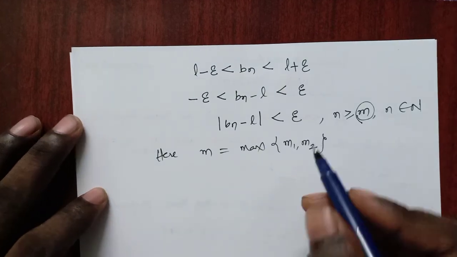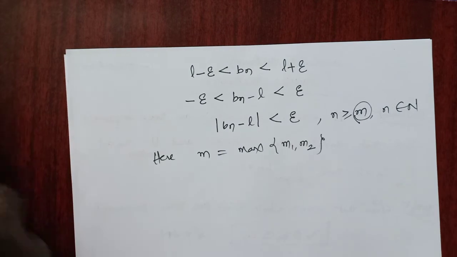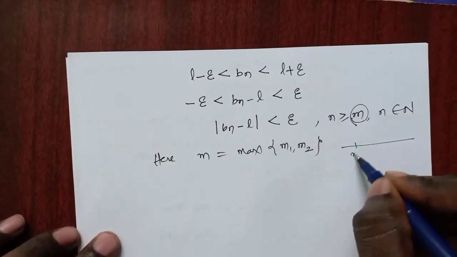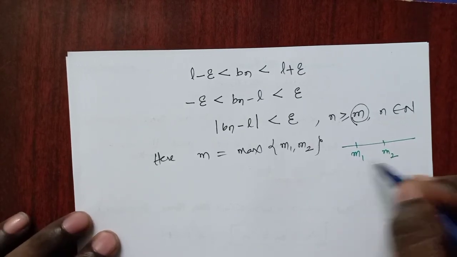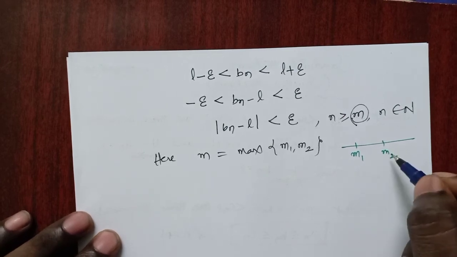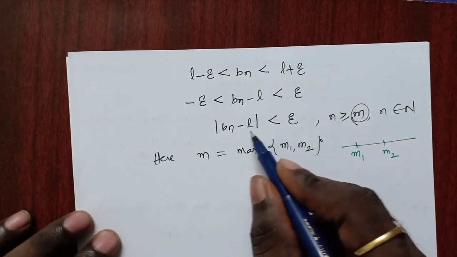Why are we taking the maximum of m1 and m2? Clearly, whether it is m1 or m2, we take the greatest value between the two. If you take the greatest value, then it is closer to the approaching limit.